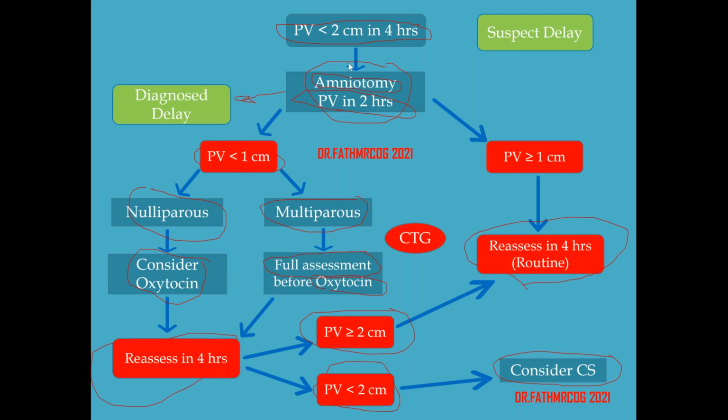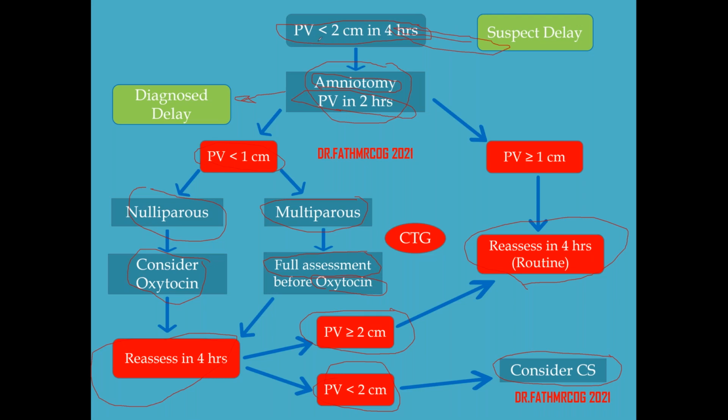Let me explain. In the first slide, if you do PV on a patient and after 4 hours you find less than 2 centimeters, this is the suspected delay, because you find less than 2 centimeters.